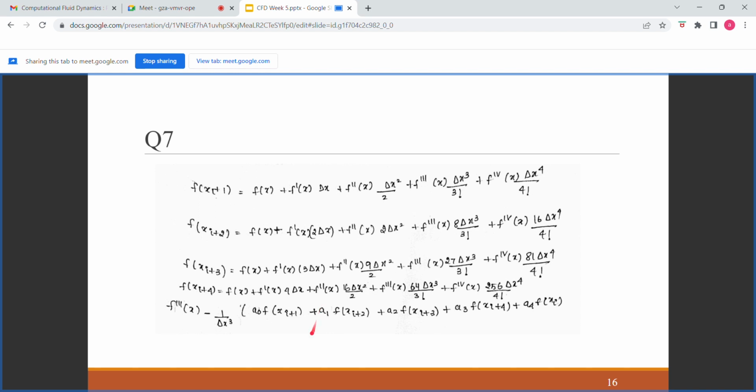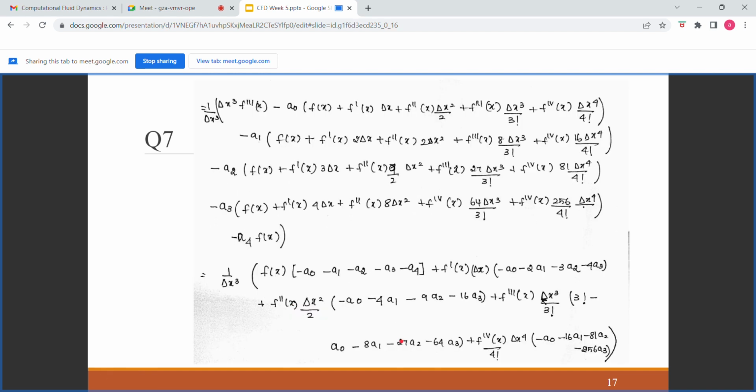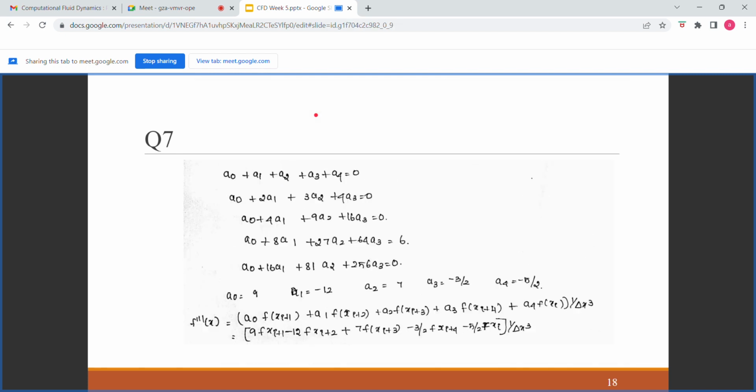So basically we would be substituting the values of f of x i plus 1, f of x i plus 2, f of x i plus 3 and f of x i plus 4 from these expanded Taylor series terms and putting them in this equation so that this equation becomes 1 by delta x cube, and we are substituting all these values.